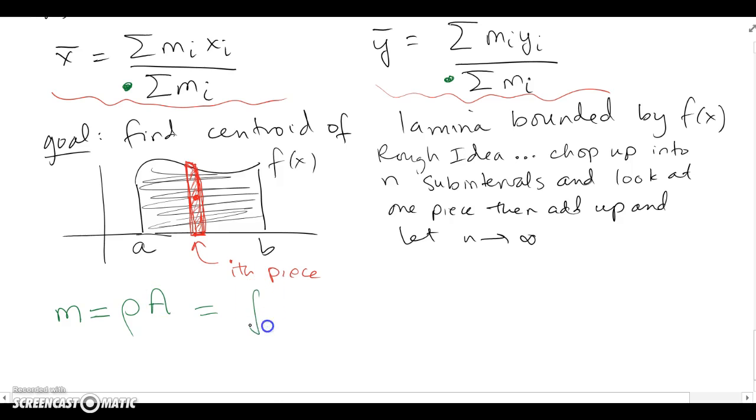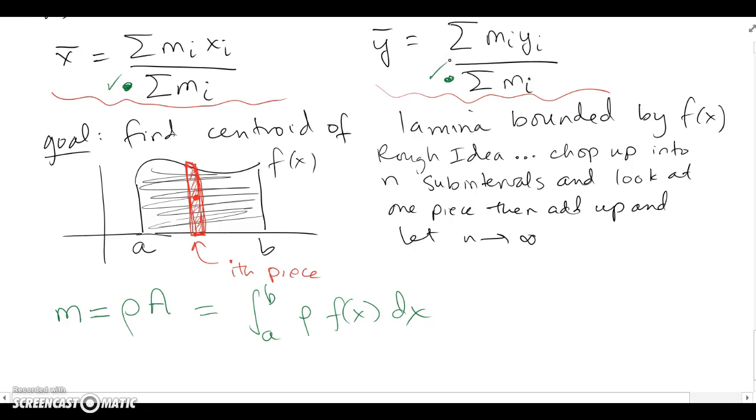So mass is simply the integral from a to b of rho f of x dx. This will give me the area under the curve times the uniform density, which is the mass of the whole system. I could look at it piece by piece, or just know that that's the area under the curve of my function. So we've got the mass of the whole system using the integral, so this piece is done.